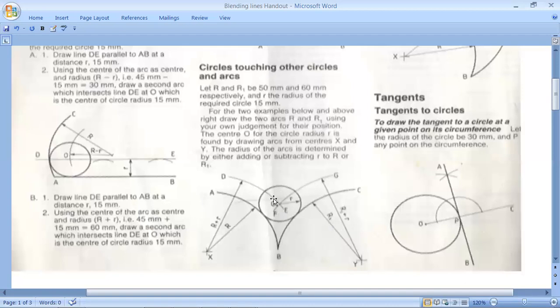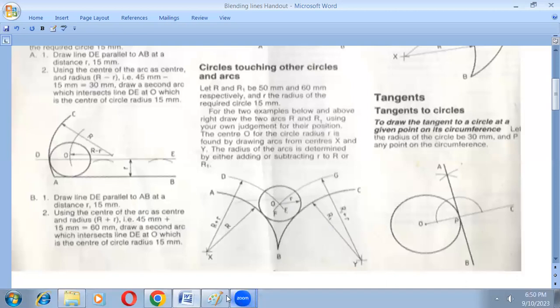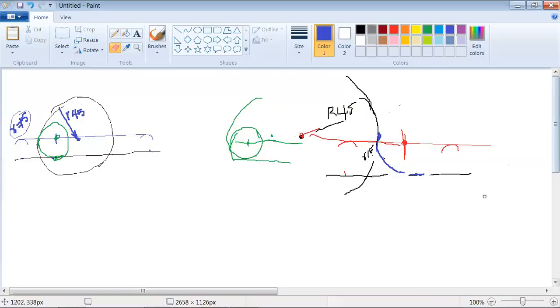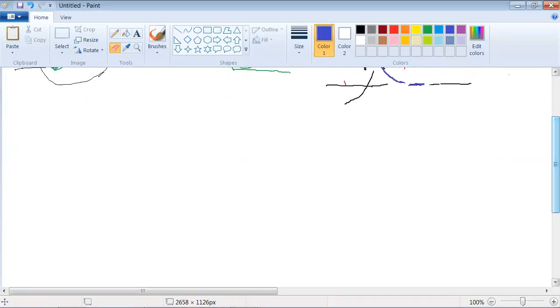The intersection of the 2 arcs will be the center to place the compass to the radius of the required smaller circle tangent to both of them. All right, let's look at a demonstration by sketch.